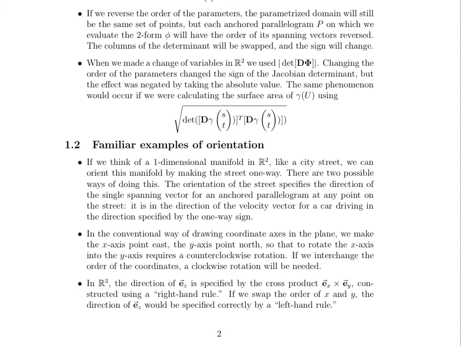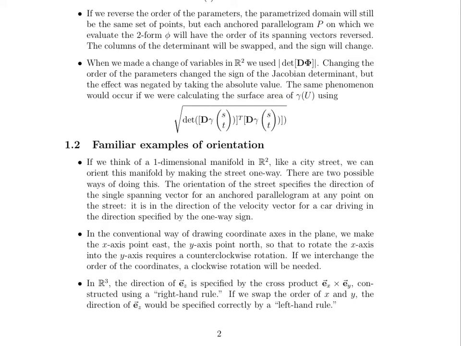But if we swapped x and y, the direction of the third basis vector e_z would be specified by the left-hand rule, right? The right-hand rule would have it point straight down instead of straight up in how we usually draw the coordinate plane.